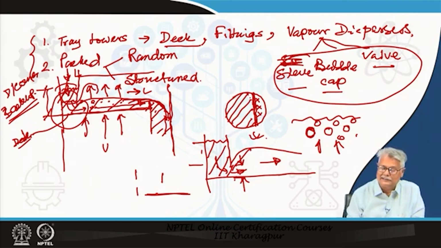Particularly if it is a clearance, then it will get choked up if you are having any smaller clearance. So, in such case, if I have to maintain the downcomer backup, I may require another weir here right after this to provide an additional resistance to the liquid flowing out.